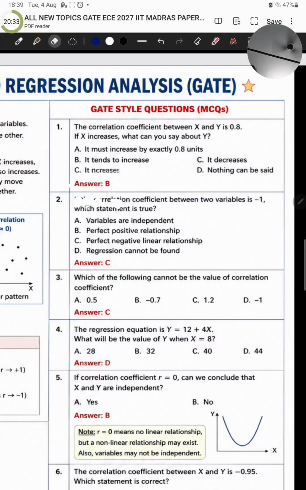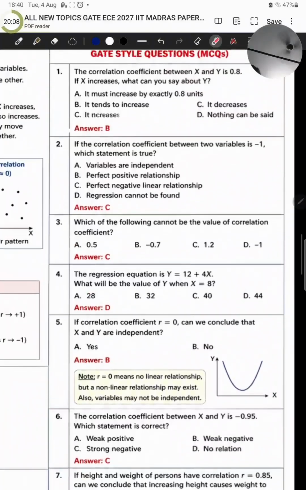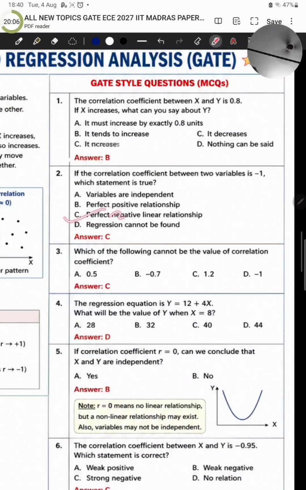Now, if the correlation coefficient between two variables is -1, which statement is true? As we have studied, it is a perfect negative correlation, so a perfect negative linear relationship.